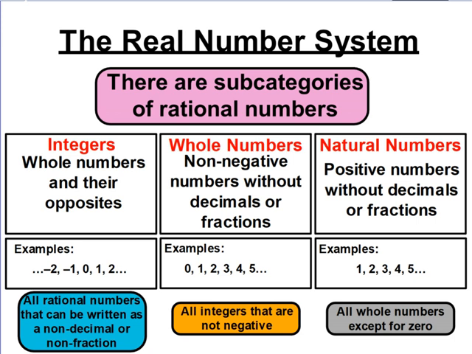It's all the positive numbers without decimals or fractions. If I asked you about the number 1/2, for example, start with natural numbers. 1/2 does not fall into natural. It does not fall into whole. It does not fall into integers. So the best category that you can say for the number 1/2 is it's just a rational number. It doesn't fall into any of the more specific categories after that.